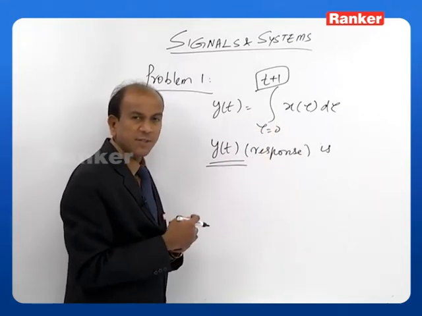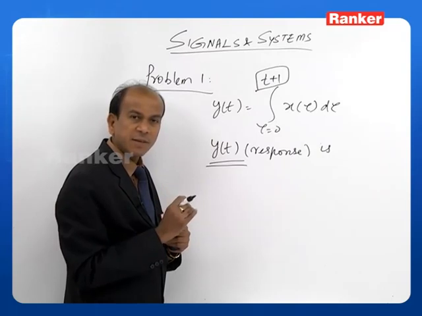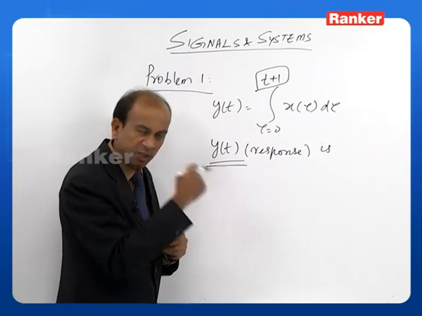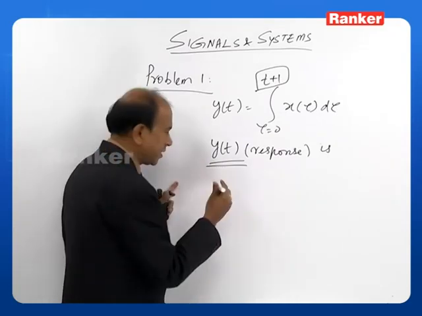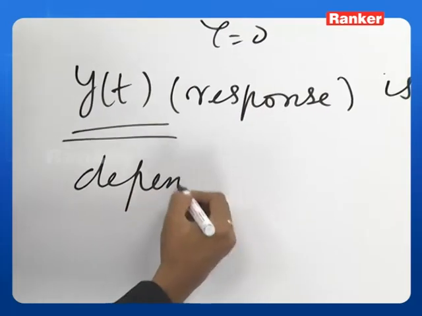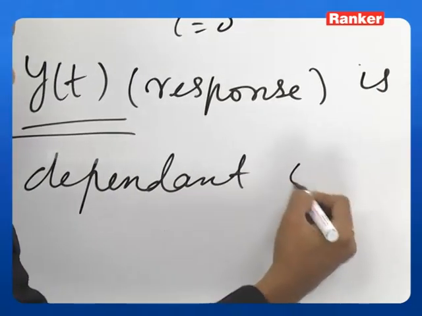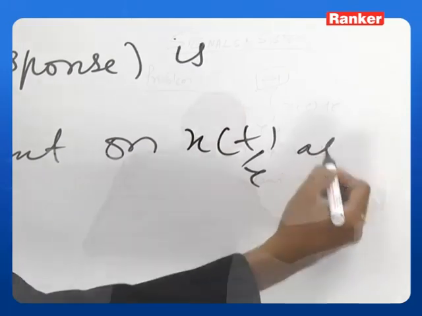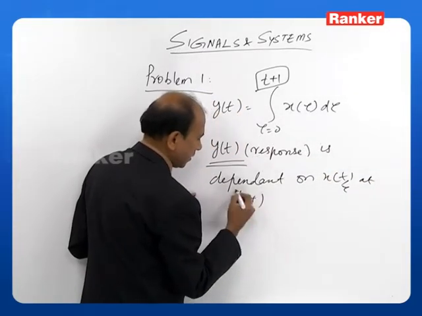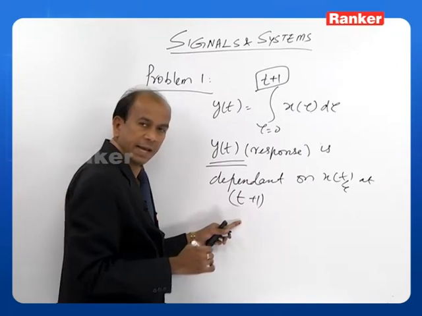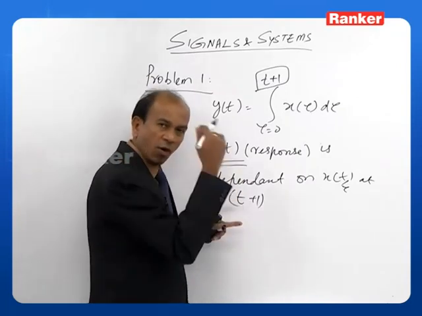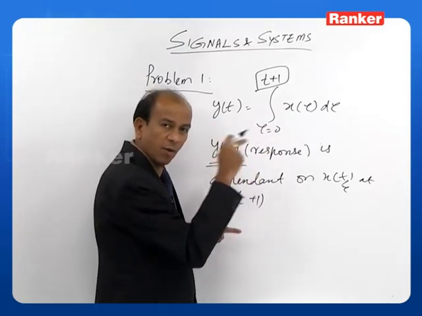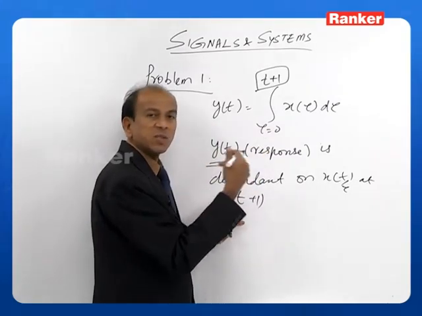So, is the system causal? No, because a causal system is not dependent on the future. That is why, as the y of t response is dependent on x of t or x of tau at t plus 1, this is the dependency of y of t on x of tau for a value t plus 1.